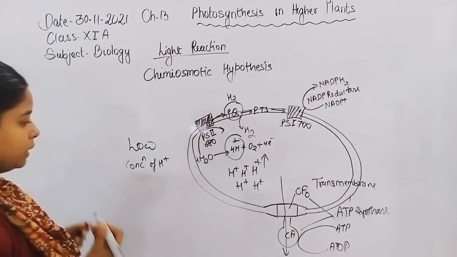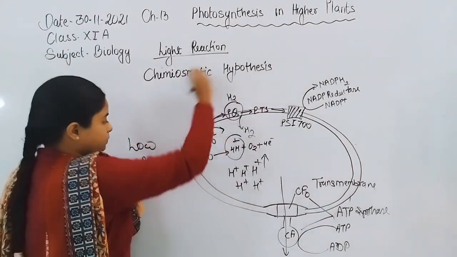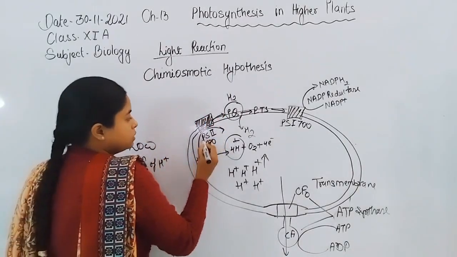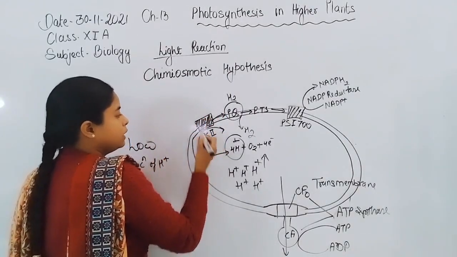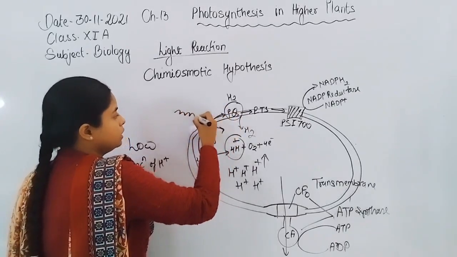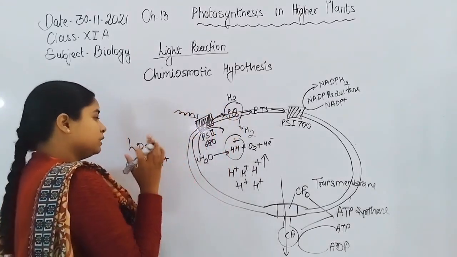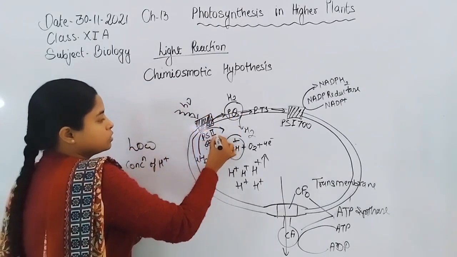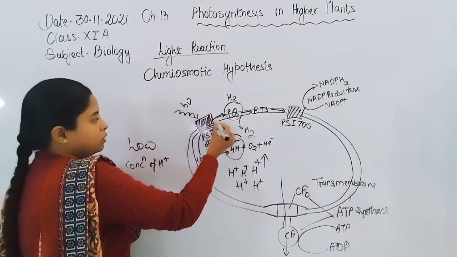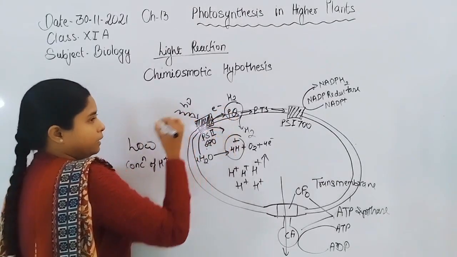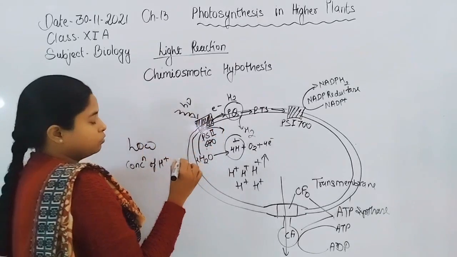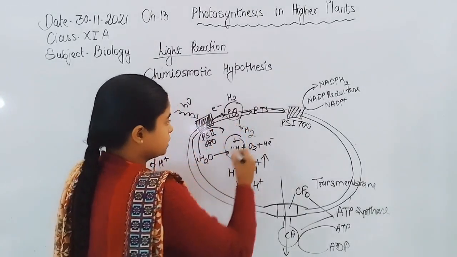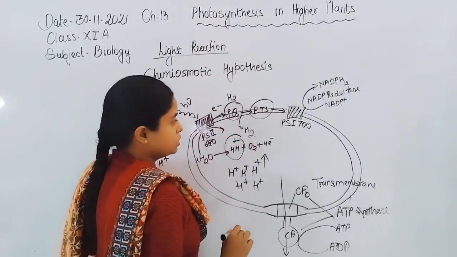How does the proton gradient work? Near photosystem II, electrons are always emitted when a photon strikes the photosystem II. The electron gets excited and emitted from the orbit of chlorophyll, which is caught by the plastoquinone electron acceptor and passes through the electron transport system.